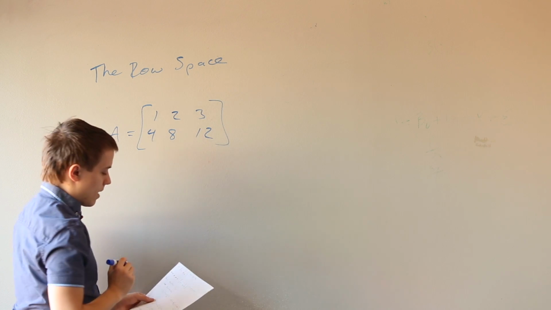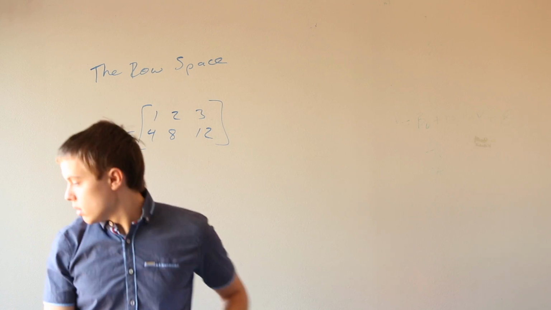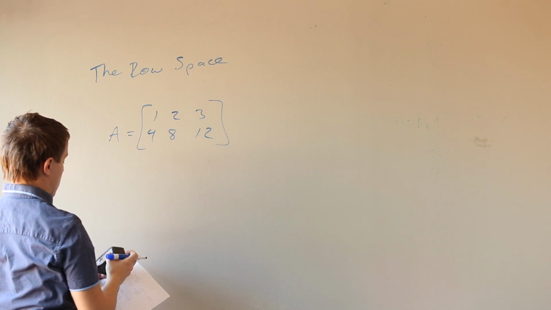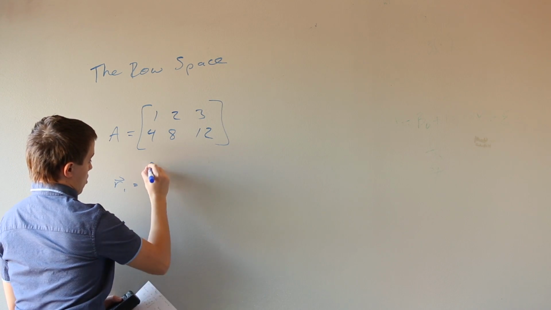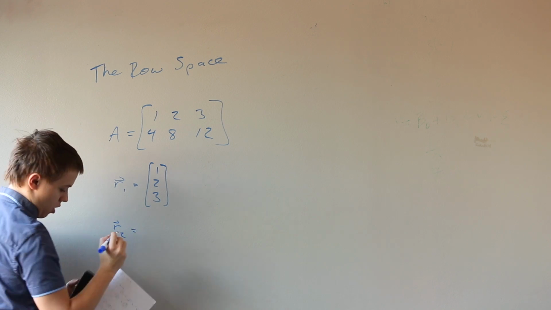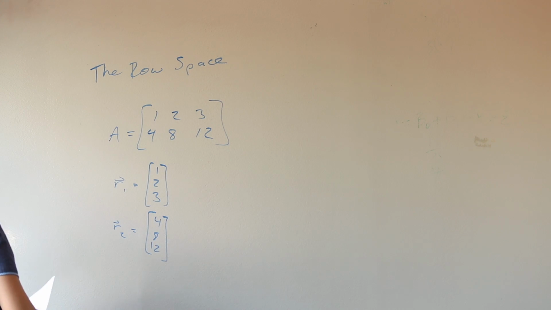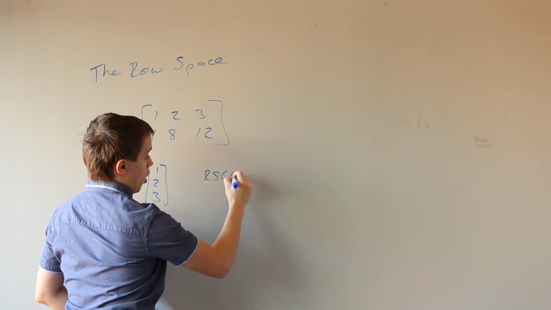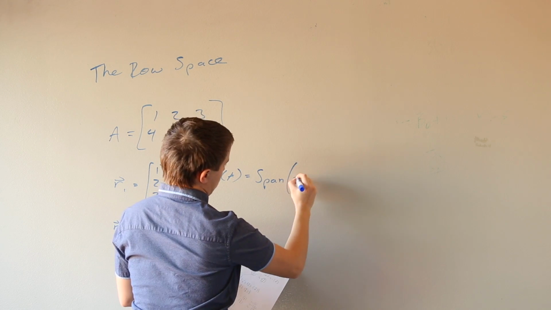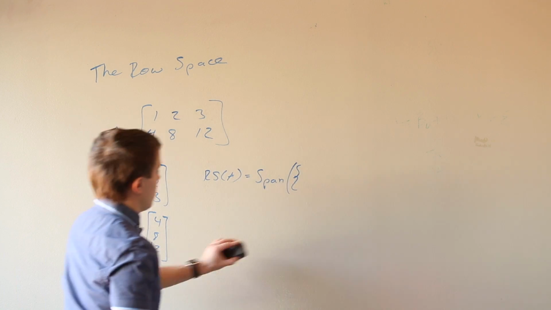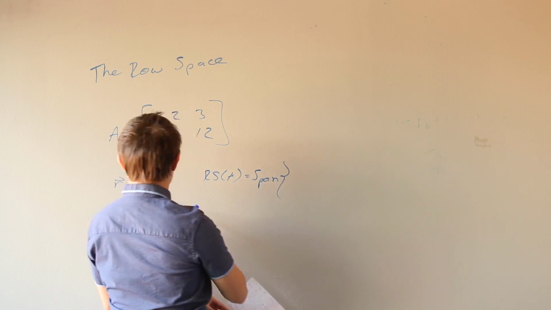Let's take this guy. Now, we know that the rows of this matrix are, let's call them, B, row vectors, and we know that these vectors correspond to the rows of A. So we can say that the row space, denoted Rs of A, is equal to the span of the set, equal to the span of R1 and R2.